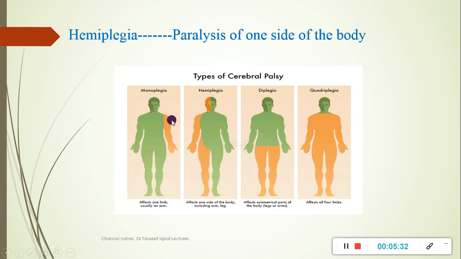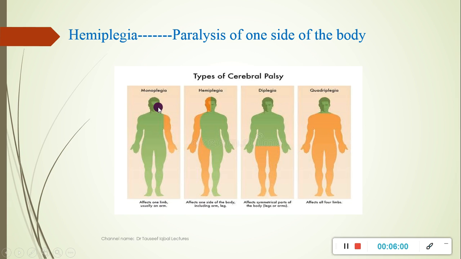So if one hand or one arm is affected, that is monoplegia. If half of the body is affected, that is hemiplegia. And this is basically diplegia, and this is quadriplegia. If both hands, both arms and both limbs or feet are affected, that is quadriplegia.